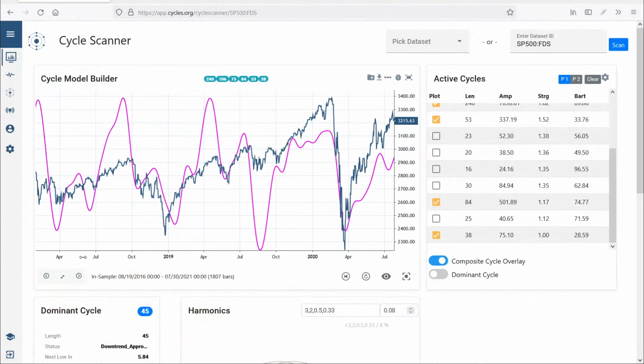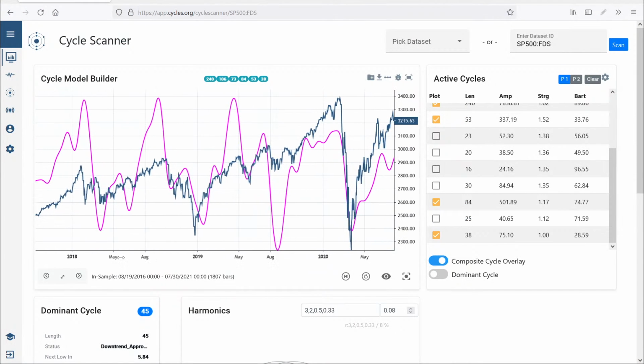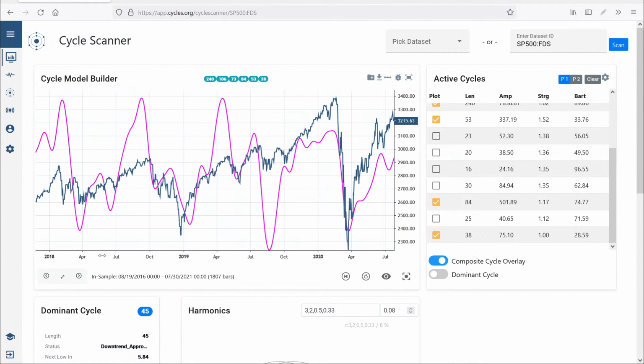It's just a cross validation of how we selected these cycles here. And just to repeat, we are just looking for points in time when we expect maybe some turns to occur in the markets. The composite cycle projection is not there to do price projections. We're just looking at these points in time when cycles turn.